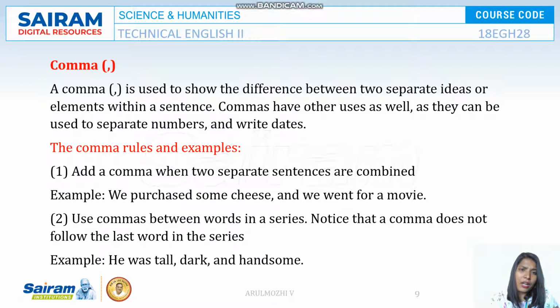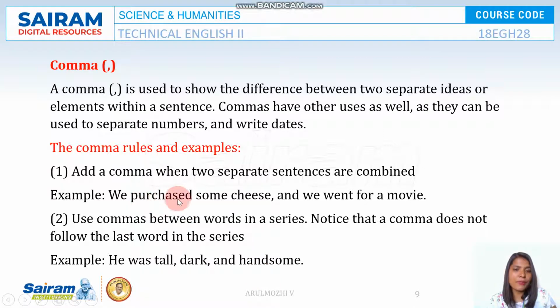And next, comma. Comma has a lot of uses. Comma means a half pause. Comma is used to list down items. Take for example, he was tall, dark, handsome. And then comma is used to separate two clauses.